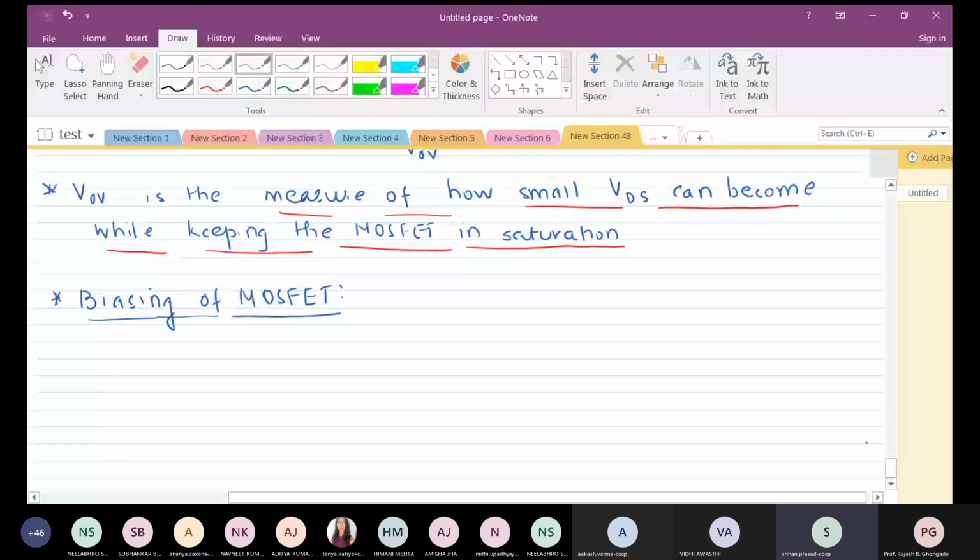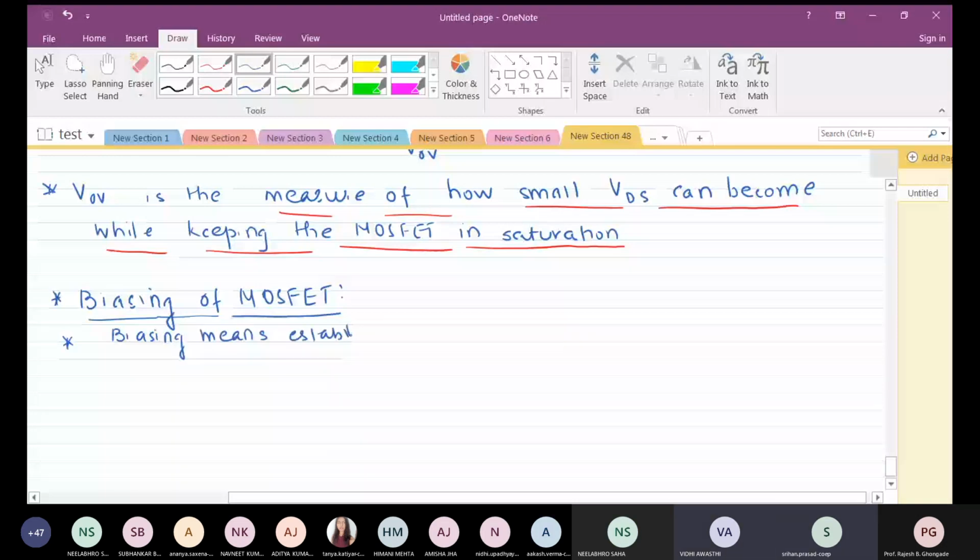Biasing means applying external voltage, establishing the Q point for a particular value. So we already know the Q point is nothing but the intersection of the load line with the characteristic.